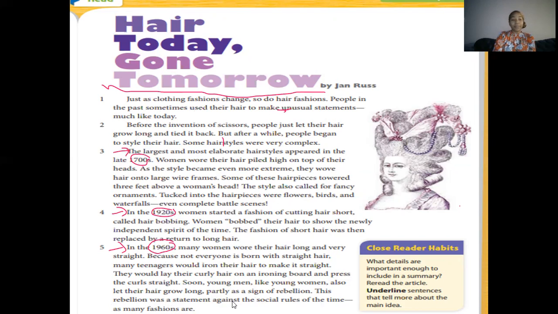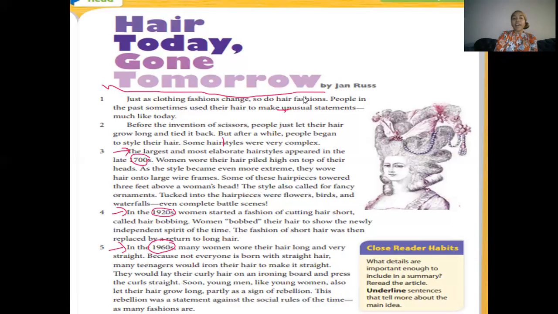Very good. So, the first detail that I would include would be the largest and most elaborate hairstyles appeared in the late 1700s. Then, several centuries later, in the 1920s, women started a fashion of cutting hair short called hair bobbing. 40 years later, in the 1960s, many women wore their hair long and very straight.